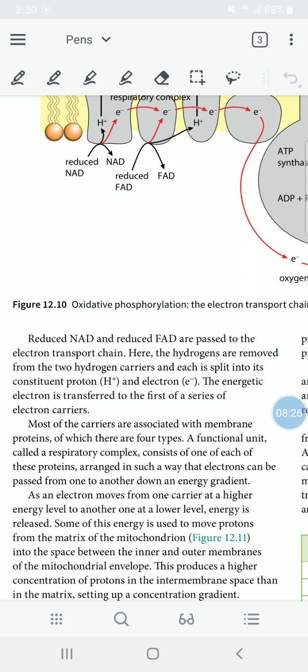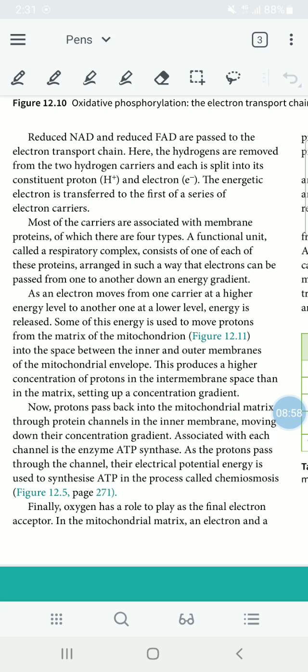Next point, a build-up of protons in the intermembrane space in comparison to the mitochondrial matrix results in a potential difference.